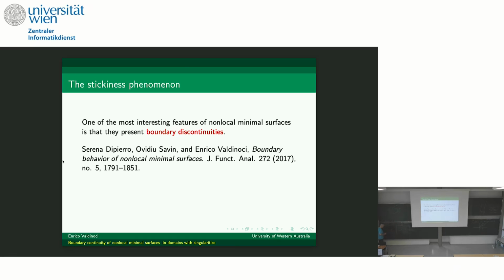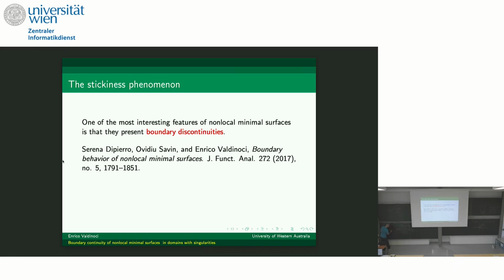And you take a datum outside as simple as possible. For instance, you see I like linear data outside because they are easy to draw. So let's take a linear datum outside.